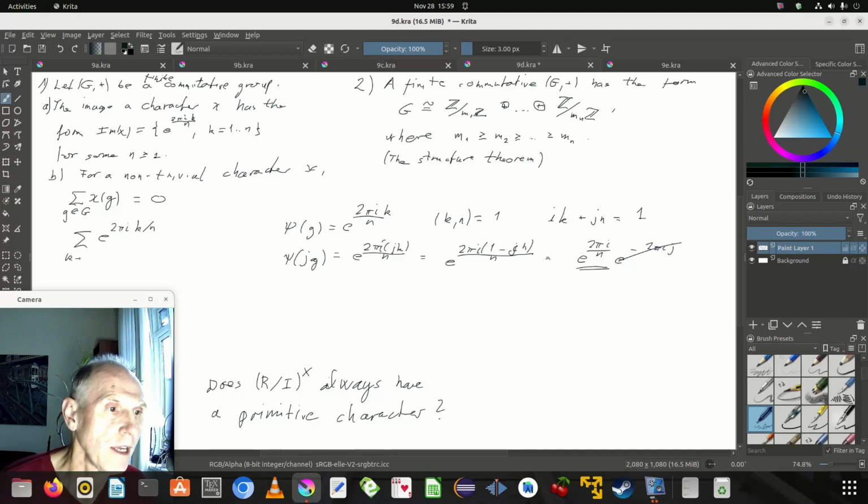For some k, and then it's a multiple of n, some multiple of n, say z times n. And this is a power series if it's not unity.